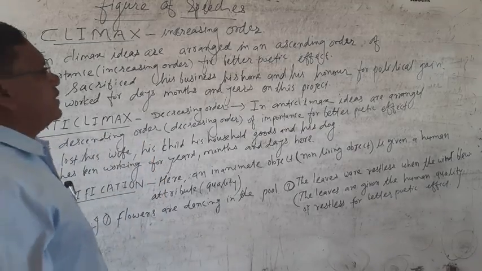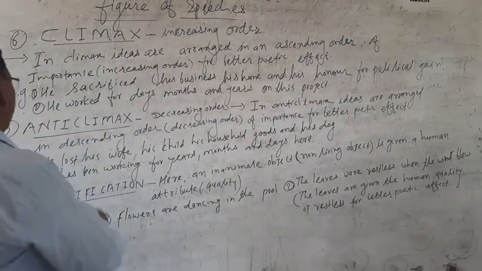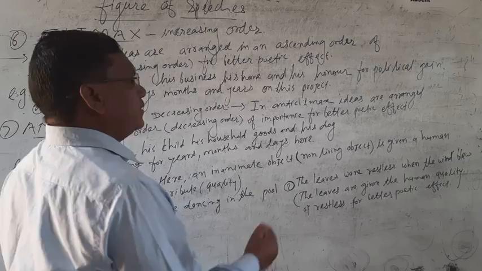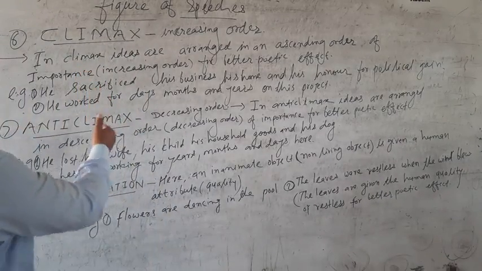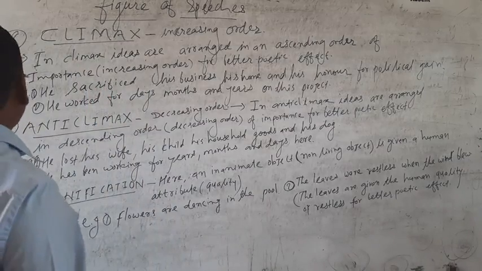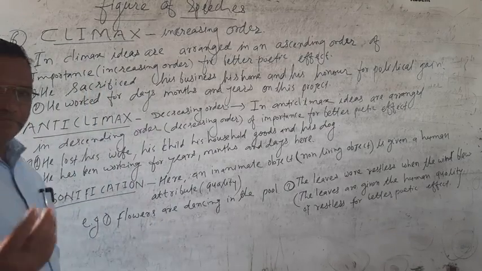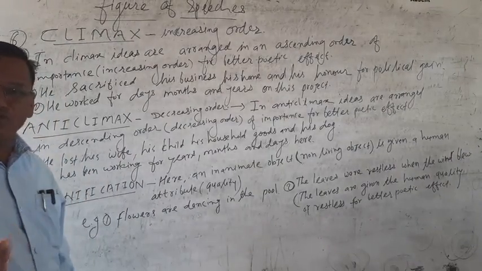Anticlimax means the ideas are arranged in descending order of importance for better poetic effect. So it is just the opposite of the climax. Now see here, what is the example? With the example we can get the knowledge to identify the anticlimax figure of speech in a poem.